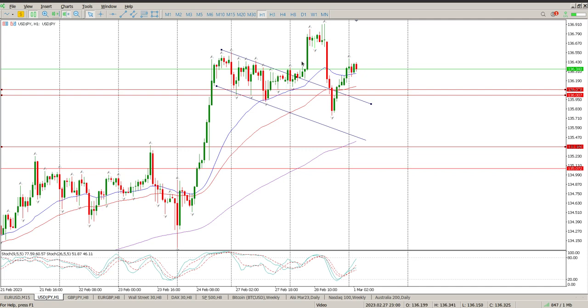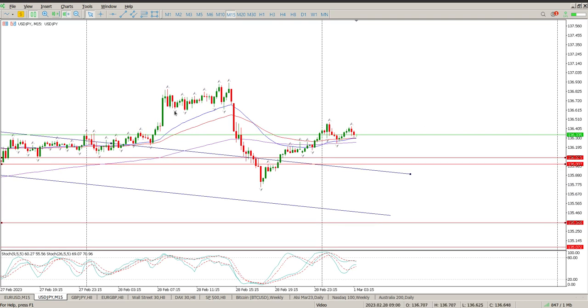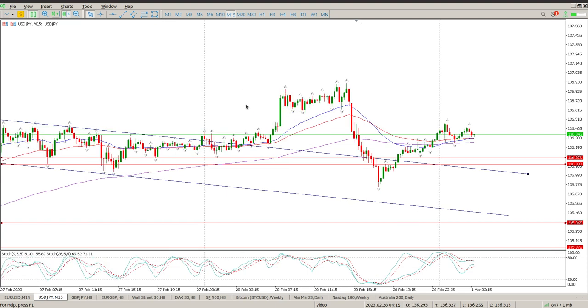Not entirely convinced. Big up, big down. If I come to 15 minutes again, we can see fairly well structured, and then sideways, and then just plummeting. Reversal of the moving averages at the moment. Oscillators all over the place. So I'm also sitting on my hands here for USD Japanese yen.